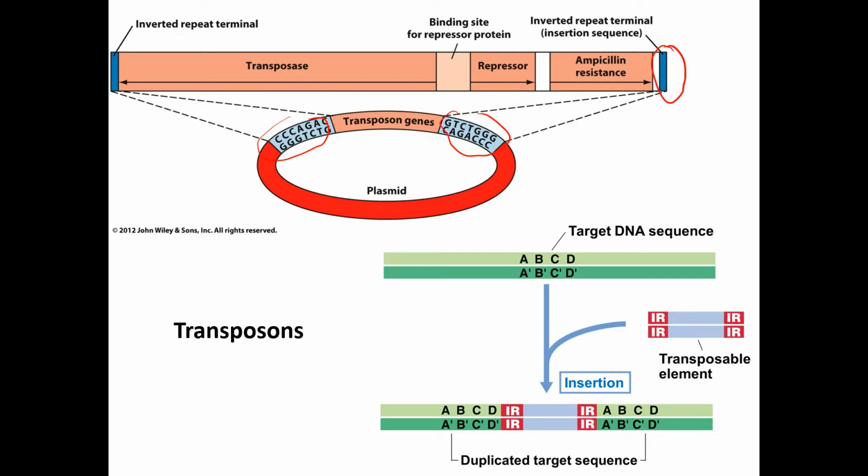These inverted repeats are what are going to be homologous to the host cell chromosome or the plasmid. Now this transposon can encode for resistance genes, along with the ability of this transposon to insert itself into the host cell chromosome or insert itself into a plasmid, as well as its ability to excise itself.